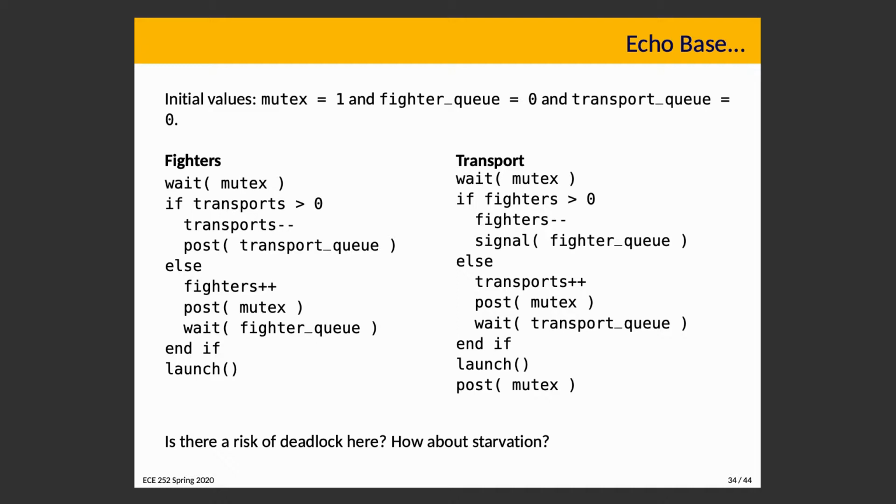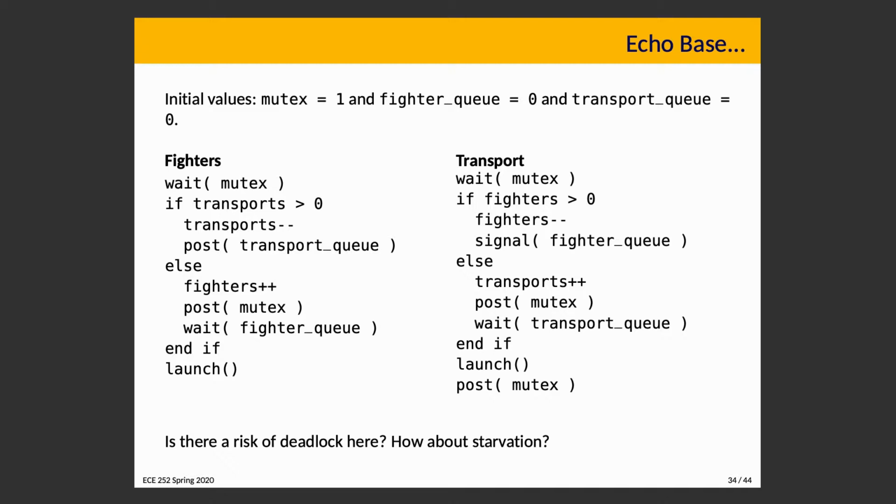What about starvation? Any risk of that? Well, not really either. As long as there are matching numbers of fighters and transports, they will eventually meet up and get to launch.